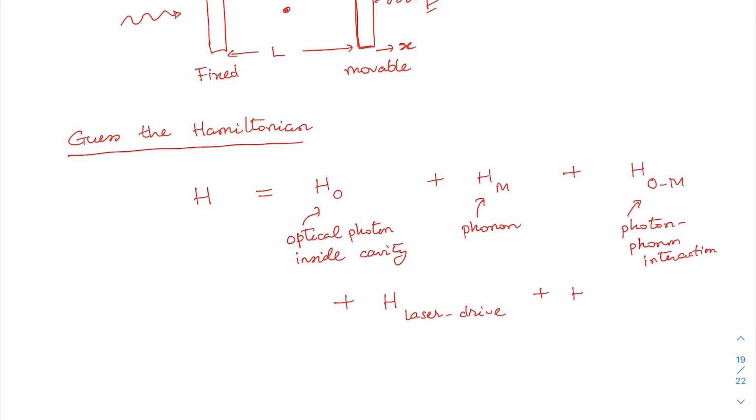So there will be a term responsible for all dissipative processes. Let us say that is H dissipation. So these are the contributions that we'll have. Now let me explain these terms one by one.